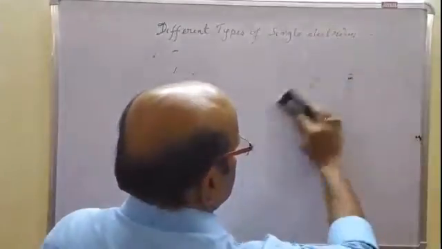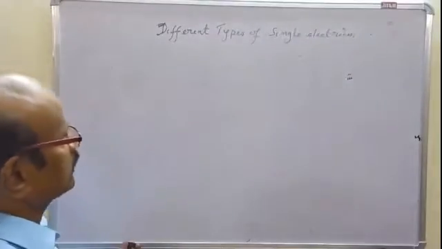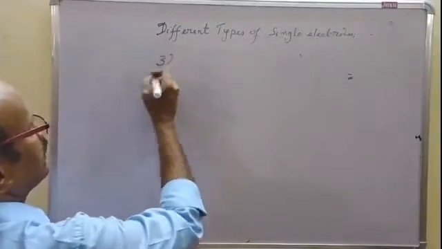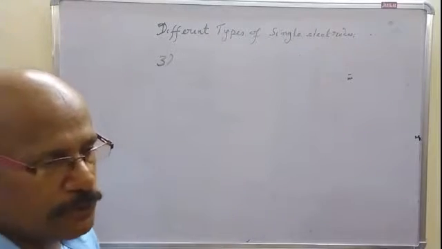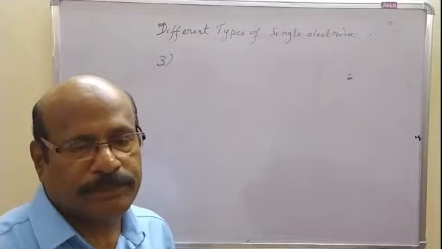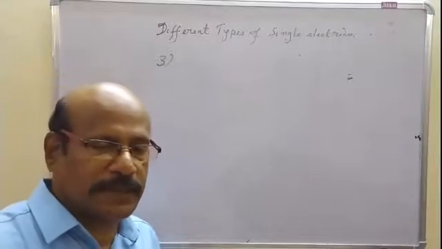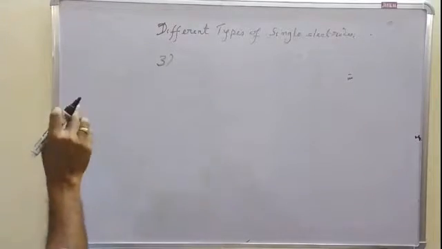The next thing, the third type of reversible single electrode, is the metal, insoluble metal salt in contact with the soluble salt having the same anion as the insoluble salt.